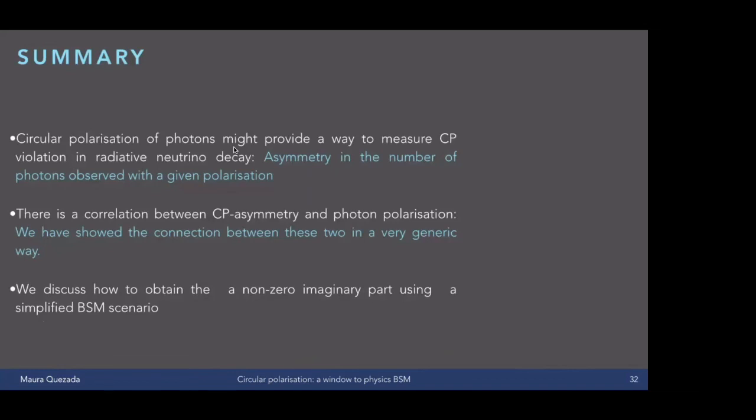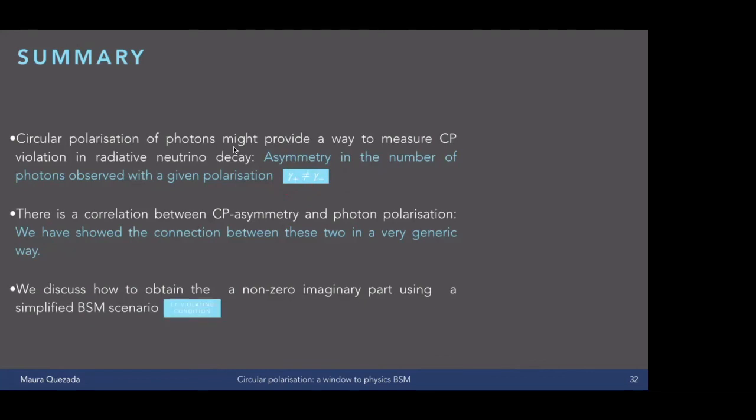Now, just a summary. I discussed a little bit how the circular polarization of photons might be a way to measure CP violation in radiative neutrino decays. This is because in this process, if CP is violated, then we might have an asymmetry between these two kinds of polarized photons.